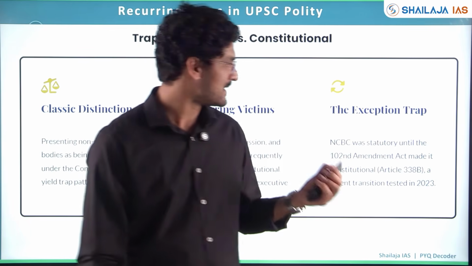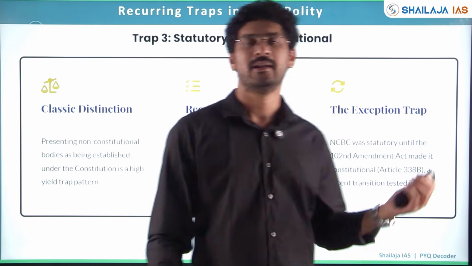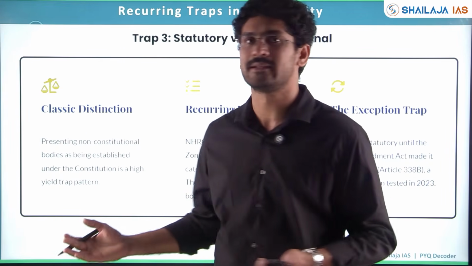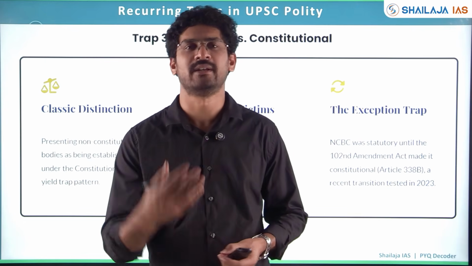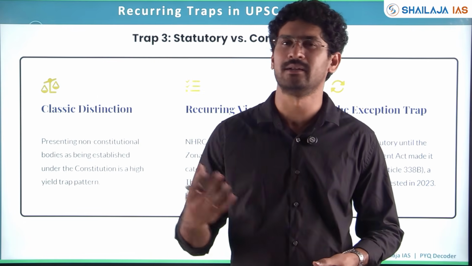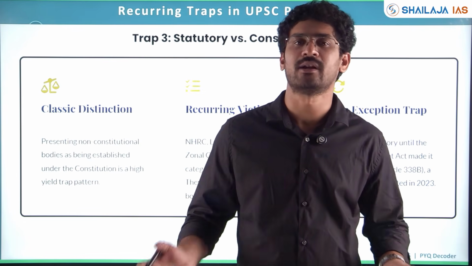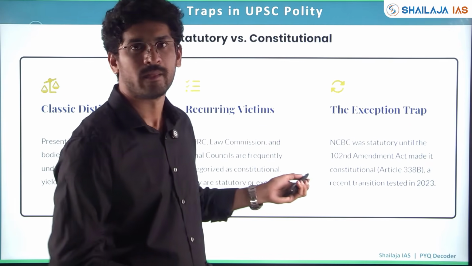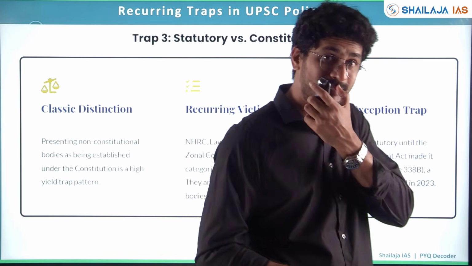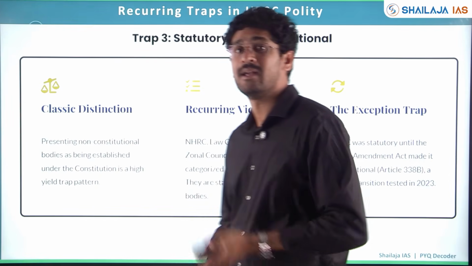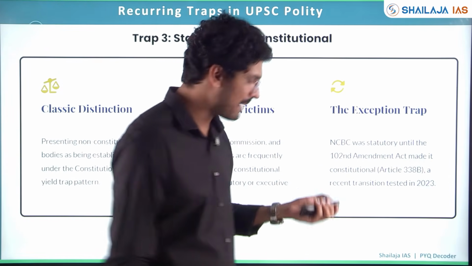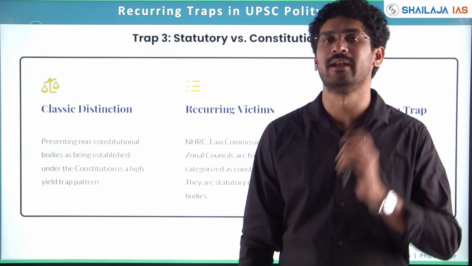Already NCSC and NCST were constitutional; NCBC happened under the 102nd Amendment Act. This is also a classical thing. I think in 2025 they gave the Inter-State Council, Zonal Council and one other executive body and asked which are bodies mentioned under articles in the Constitution. So these are also a trap. One or two questions come every year.